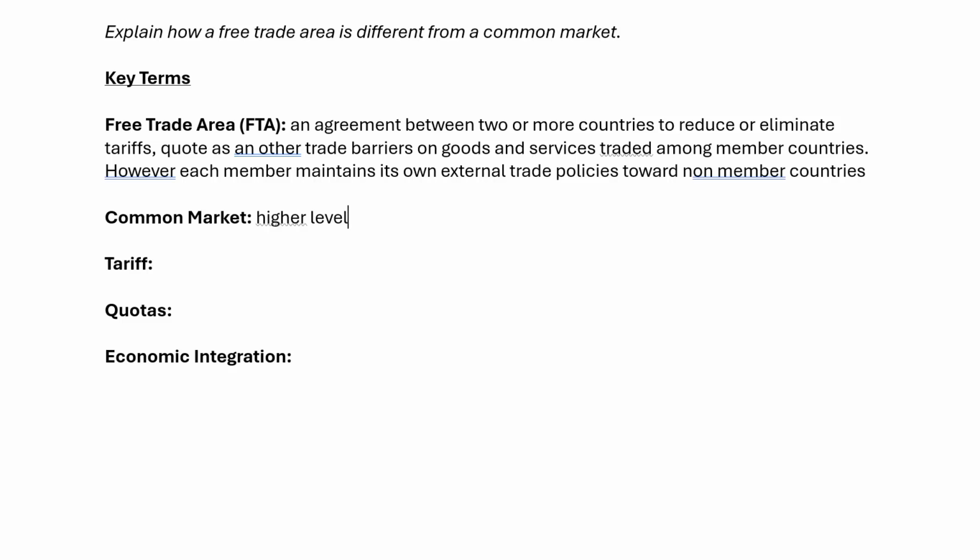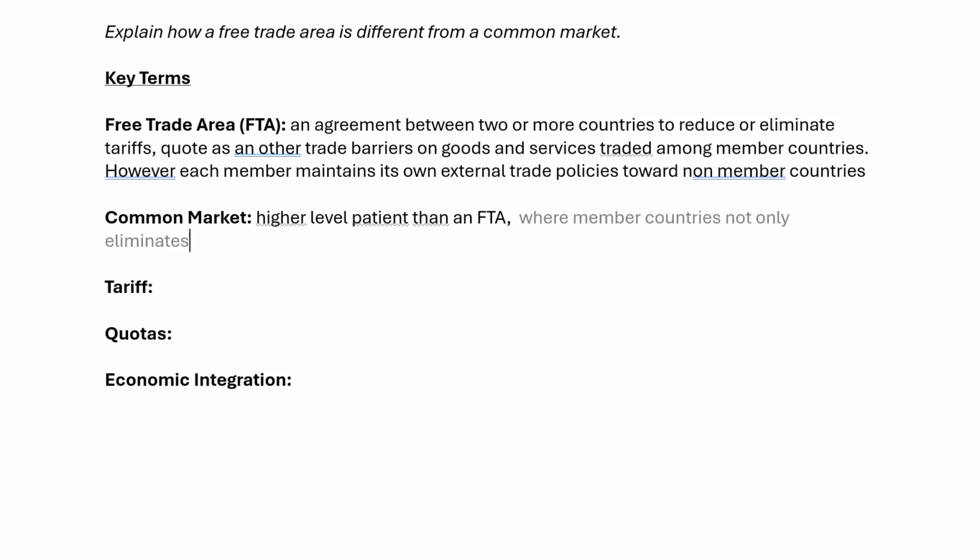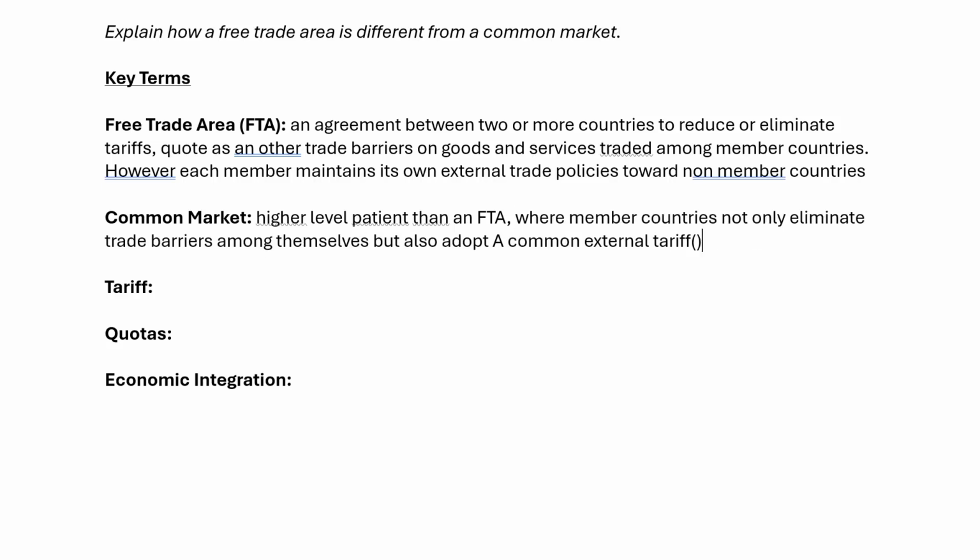Then we've got this thing called a common market, which is a higher level of economic integration than an FTA, where member countries not only eliminate trade barriers among themselves, but also adopt a common external tariff toward non-members.